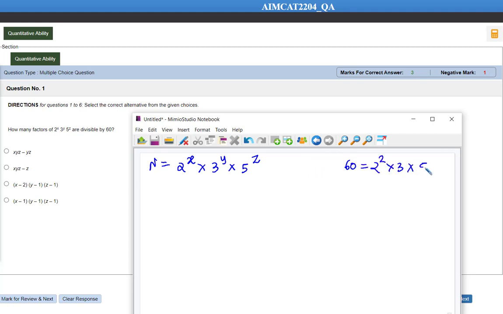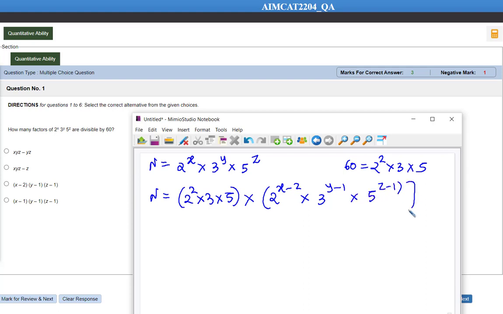From this n we want 60 to be a compulsory factor. So I will take 60 outside, meaning 2 to the power 2 into 3 into 5. What is remaining here is 2 to the power x minus 2, into 3 to the power y minus 1, into 5 to the power z minus 1.